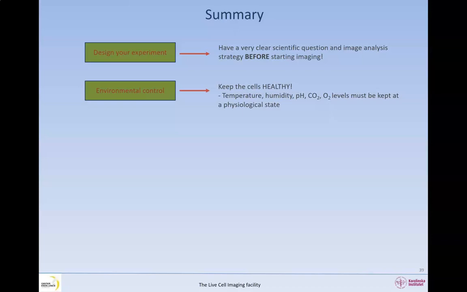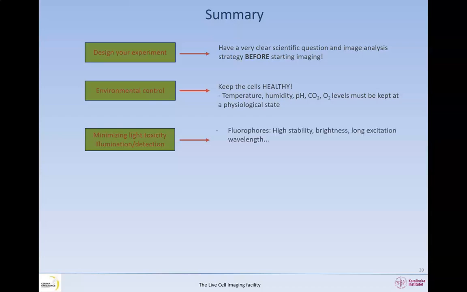Keeping these parameters constantly in a physiological state will ensure optimal experimental conditions and produce reliable and reproducible results. Another important aspect when performing live cell imaging experiments is to minimize as much as possible light toxicity.